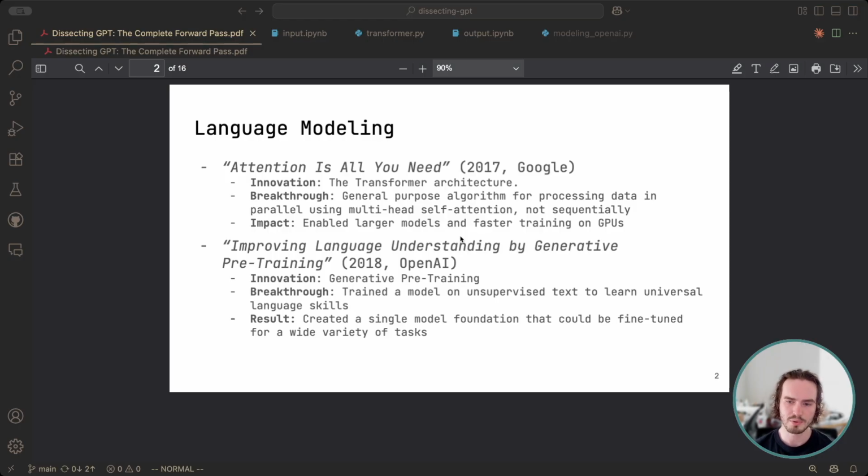At the end, they had a model that had learned general truths about language. That essentially gave them a single foundational model that they were then able to fine tune for a wide variety of tasks downstream.